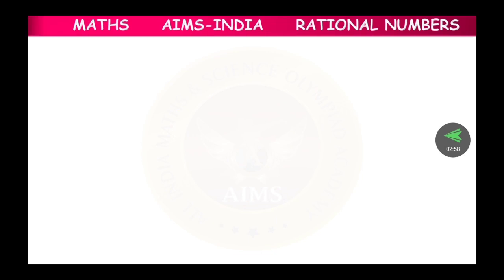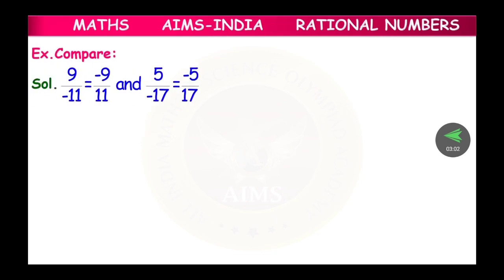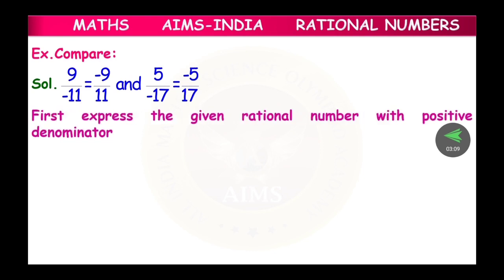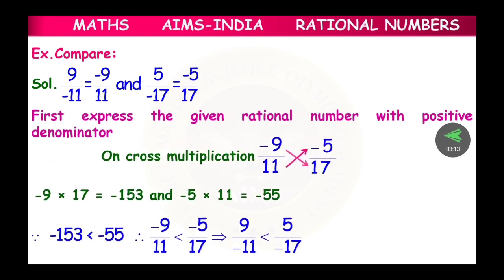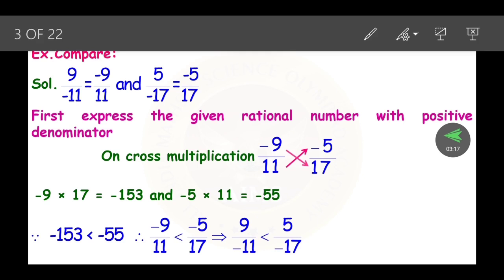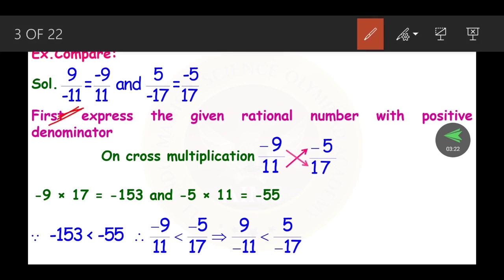So next. For example, suppose I have 9 by minus 11 and 5 by minus 17. In this problem, what are we doing? They have given one fraction, 9 by minus 11, and another fraction, 5 by minus 17.